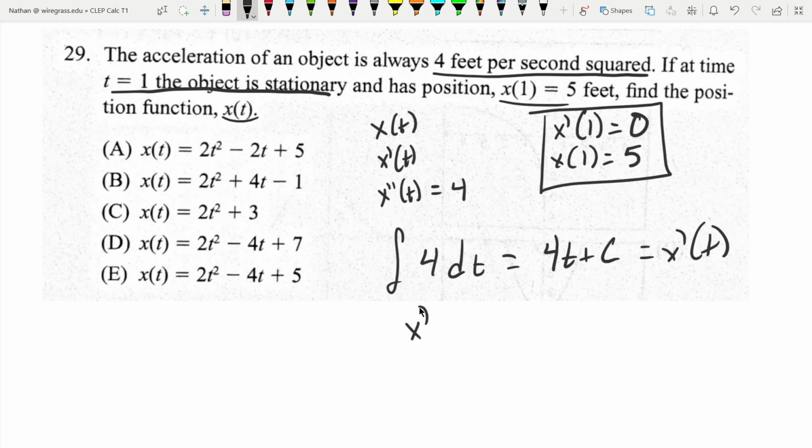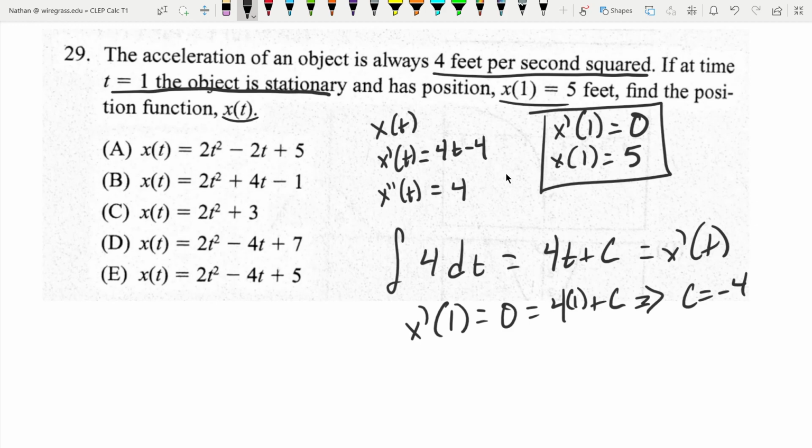We know that x prime of 1 equals 0, equals this thing. So if you plug in 1, 4 times 1 is 4. 4 plus c equals 0. That means c has to equal -4. So our velocity function has to be 4t minus 4.